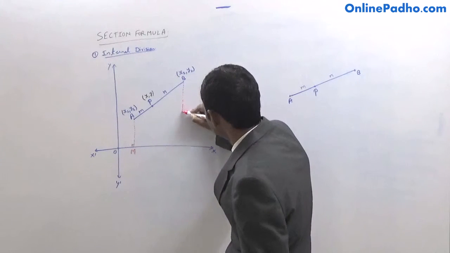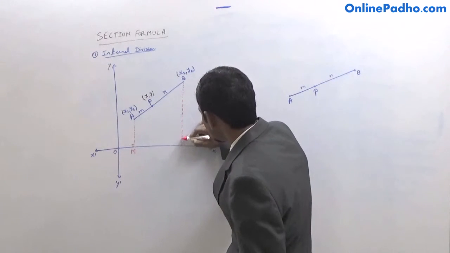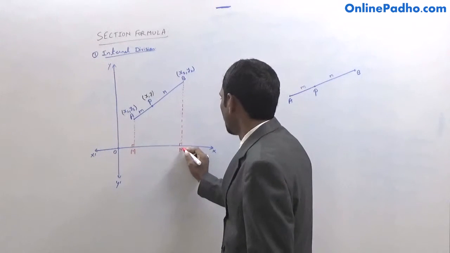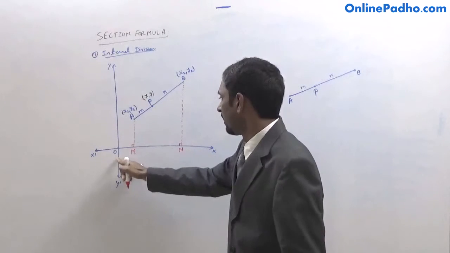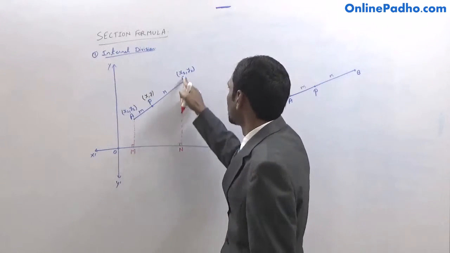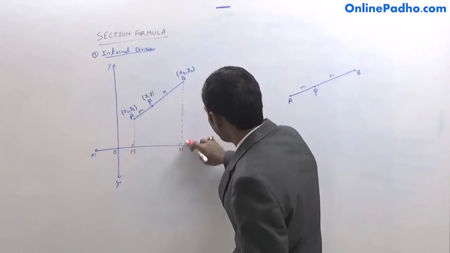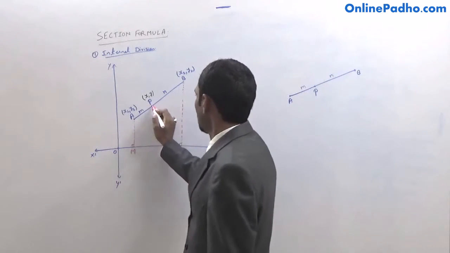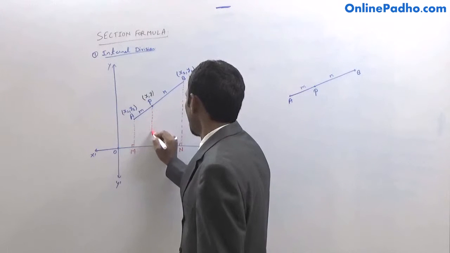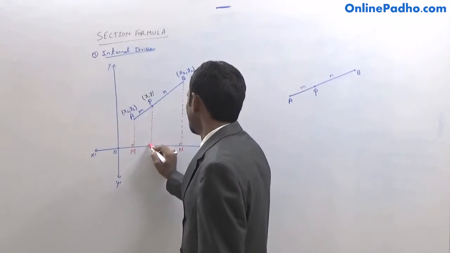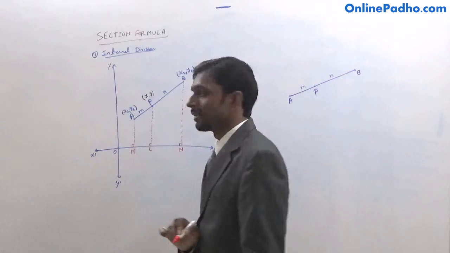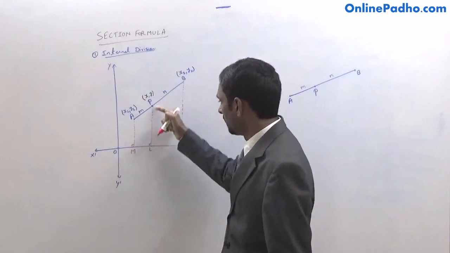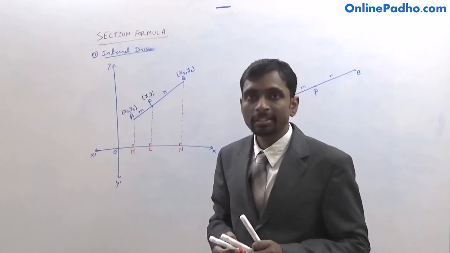We need to draw the perpendicular from B on the OX axis. Call this point N. So the length ON is called x2 and length BN is called y2, right? If we draw the perpendicular from point P, let's say this is PL, the length OL is x and the length PL is y.